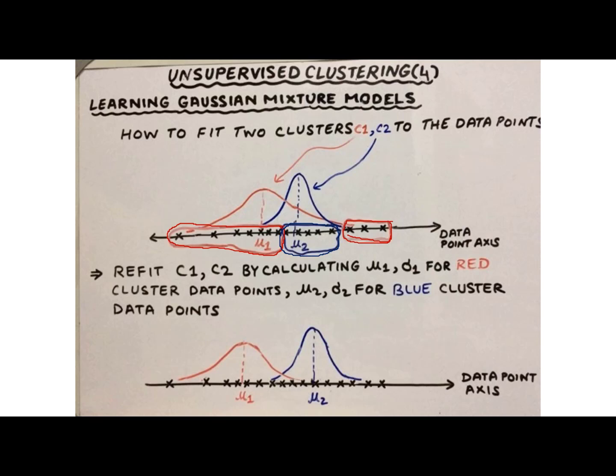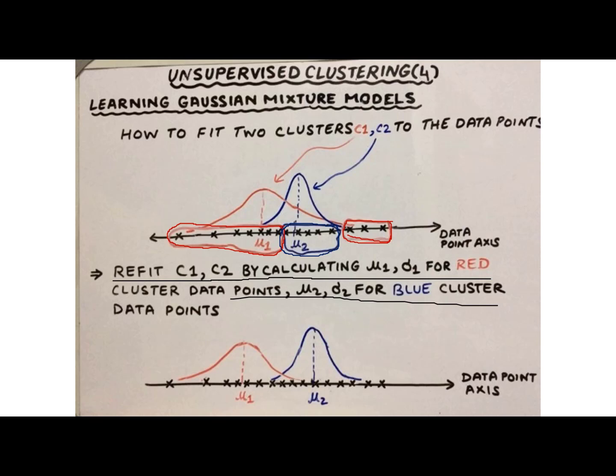Once this allocation has been done, we are going to refit these clusters by recalculating the values of their mean and the standard deviation for both the clusters. This is a refitting step in which we recalculate the mean and the standard deviation for both the clusters. This recalculation will be based upon the respective statistical mean and the standard deviation of the data points for a given cluster.